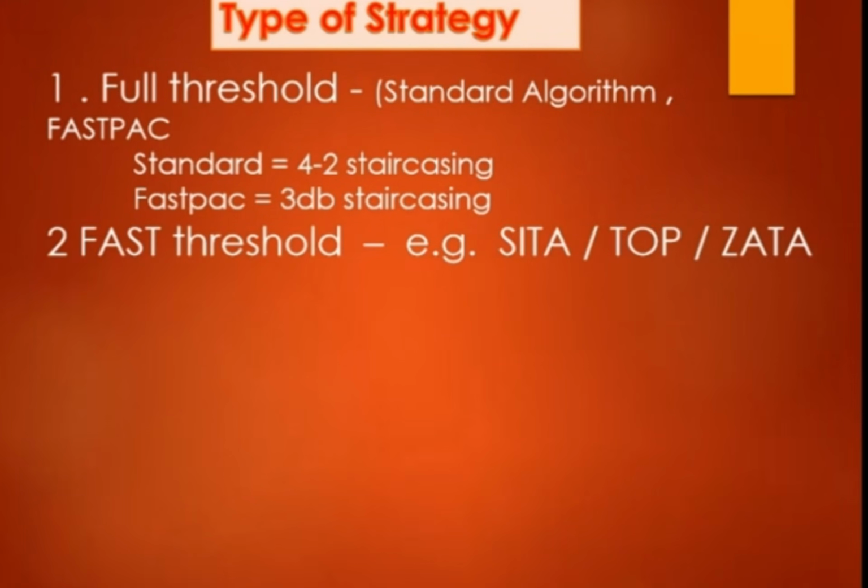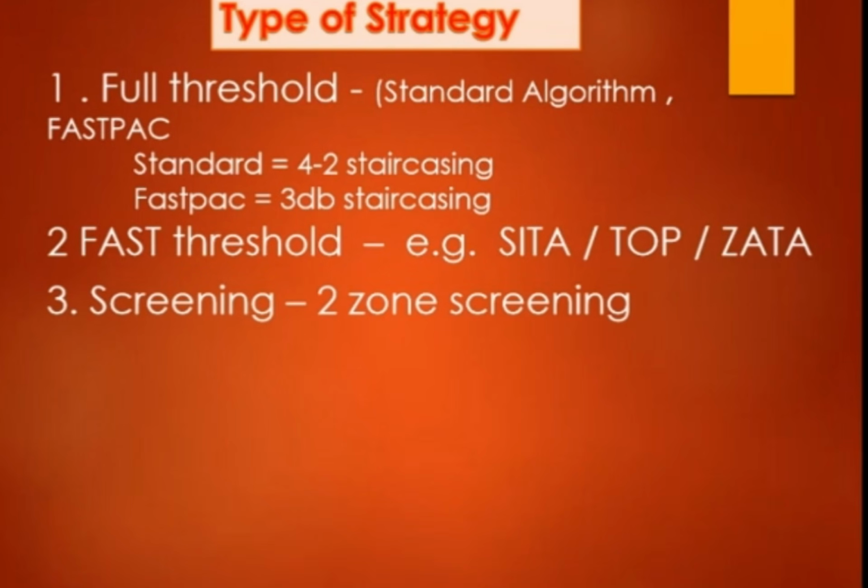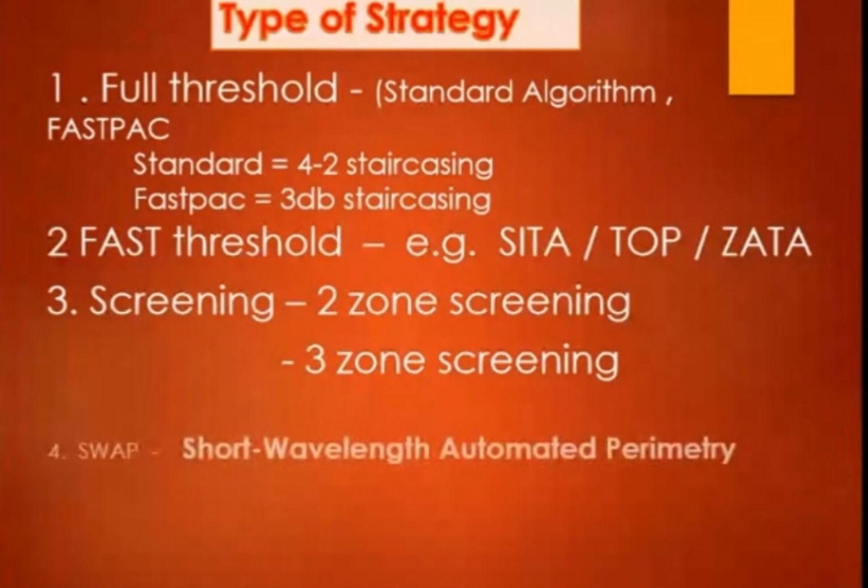We also have the fast threshold, like the SITA, the TOP, the ZATA. The TOP simply means threshold per octant pattern. The ZATA means zest algorithm threshold analysis. The SITA means Swedish interactive threshold algorithm. They also have the screening strategy, which includes 2-zone screening and also 3-zone screening.